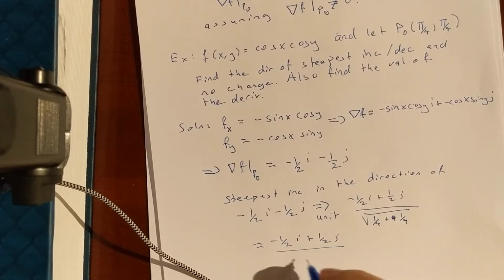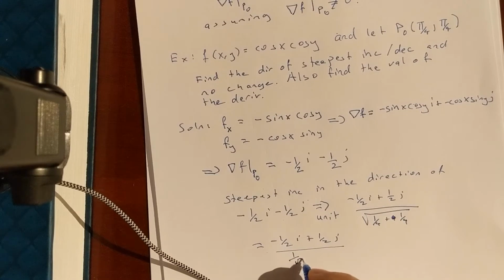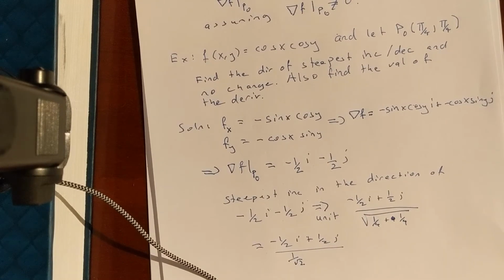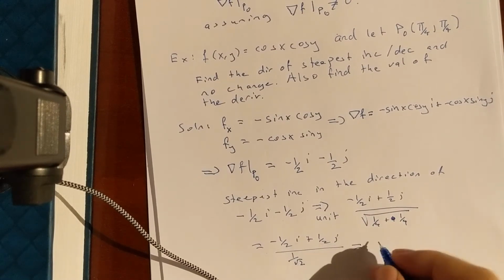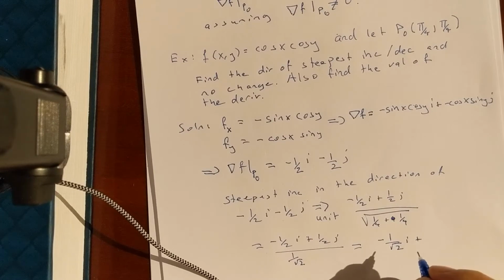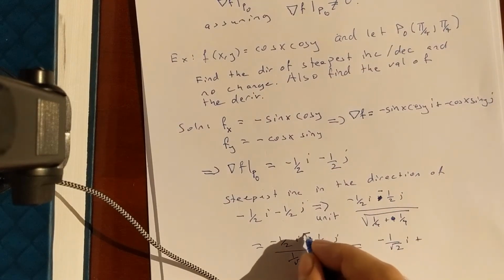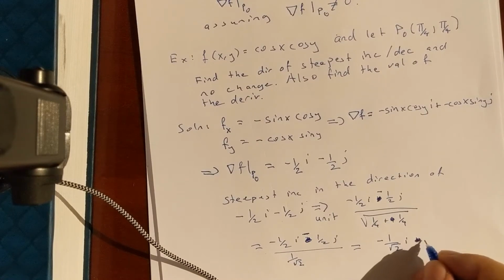And on the bottom, this is going to be 1 over 2, so it's square root again. It's just 1 over square root 2, okay? So what do we get when you divide both terms? You get minus 1 over square root 2 i, plus, sorry, this wasn't plus. Sorry, this was minus. My bad. Sorry, folks, that was my bad. This is minus 1 over square root 2 j.